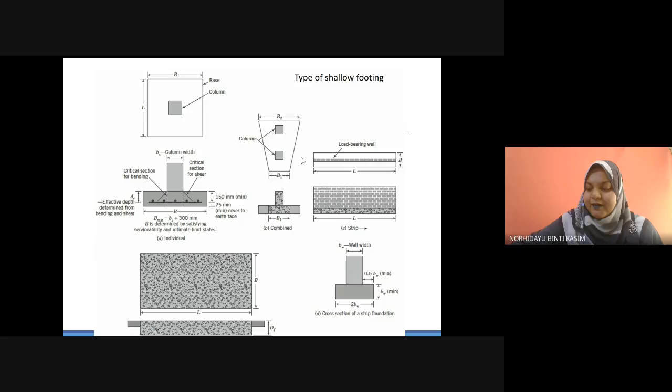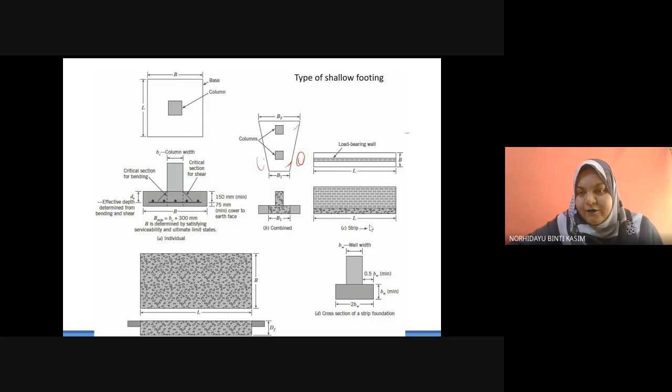Or if you have a space constraint here, you can also reduce the size by combining the foundation. So this area will help to hold this area, to support this area, so you can do the combined footing.